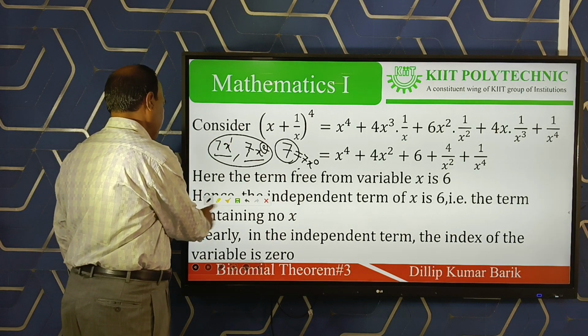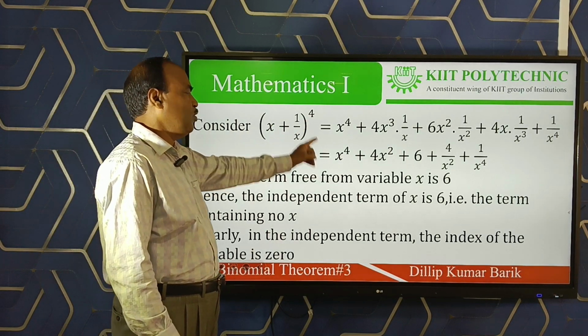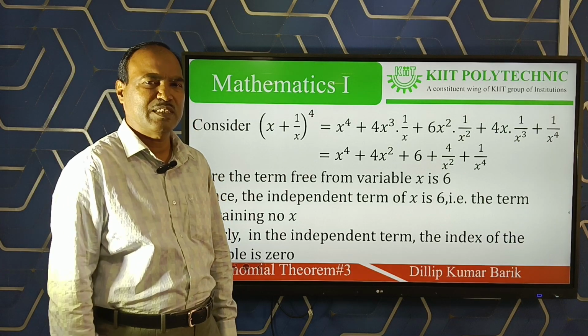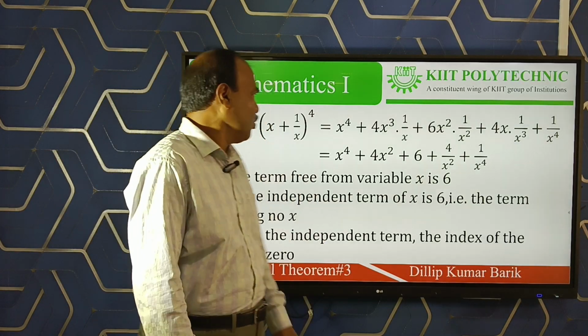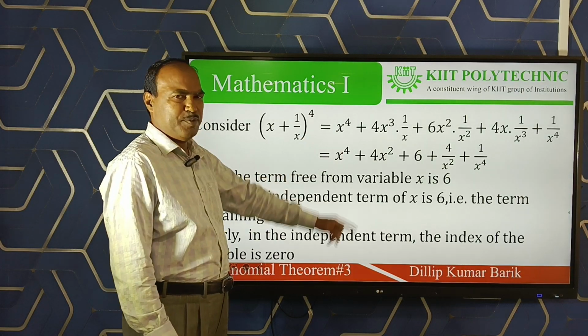Considering this discussion, come to an example. Suppose we consider the expansion x plus 1 by x whole to the power 4. We already know how to expand the expansion. Since the exponent here is 4, there are 5 terms.